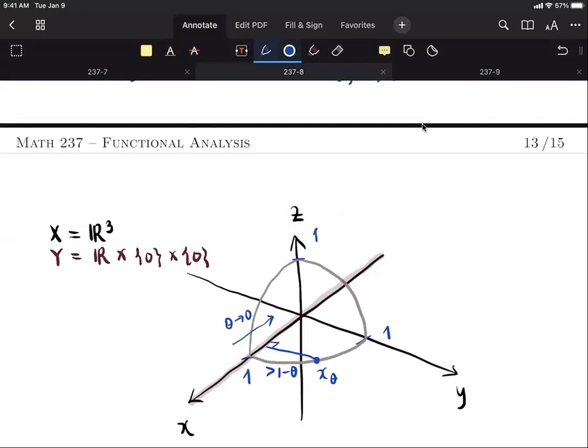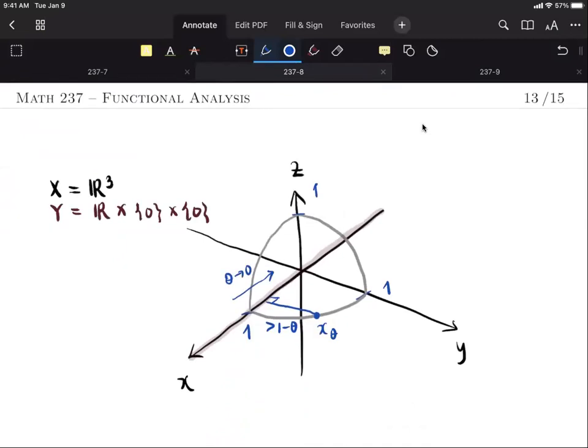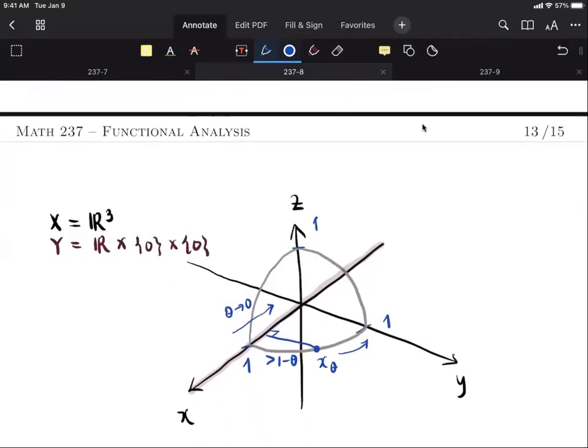If you want theta to be close to 0, that is, 1 minus theta going to 1 from the left of 1, you need to move this x theta also in this direction. So passing to the limit, if theta is equal to 0, you can pick this point.